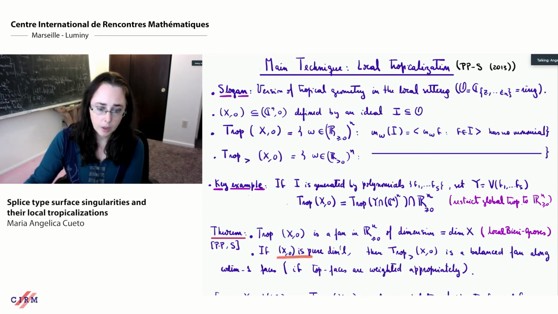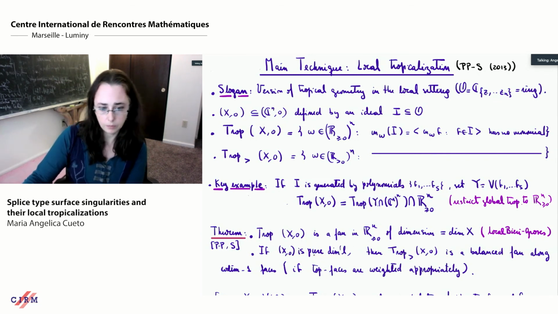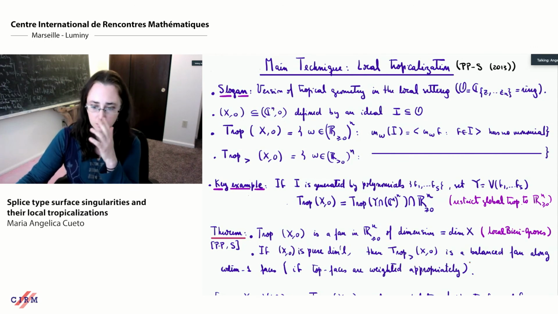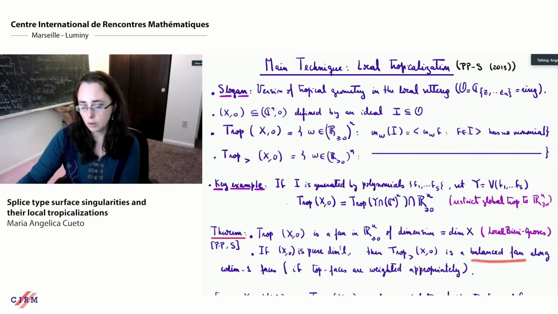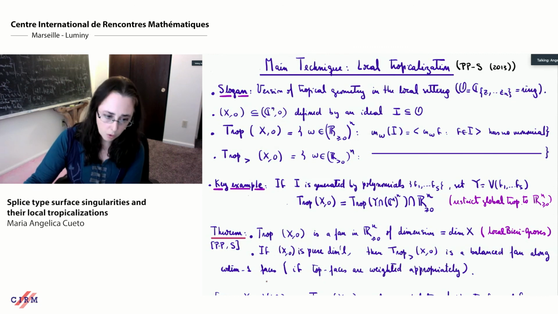Now, if your germ is equidimensional, so all components have the same dimension, then the positive tropicalization can be equipped with weights on the top dimensional cells. All top dimensional cells have the same dimension, and you're going to obtain what we call a balanced fan along these codimension one faces.